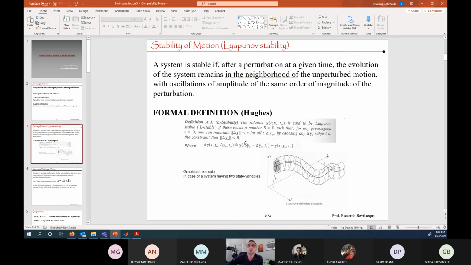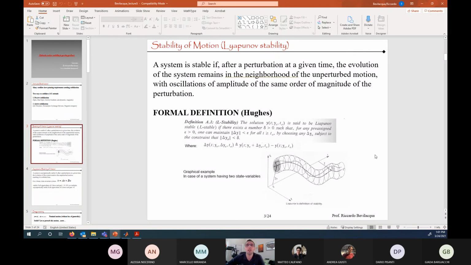If you want to give a Lyapunov stability definition, the solution y, which is the trajectory at a certain time t and given some initial conditions, is Lyapunov stable if there is a delta greater than 0, such that for an epsilon greater than 0, one can maintain the perturbation delta y less than epsilon, for any time greater than the initial one, by choosing any delta y0, the perturbation, that is less than delta.